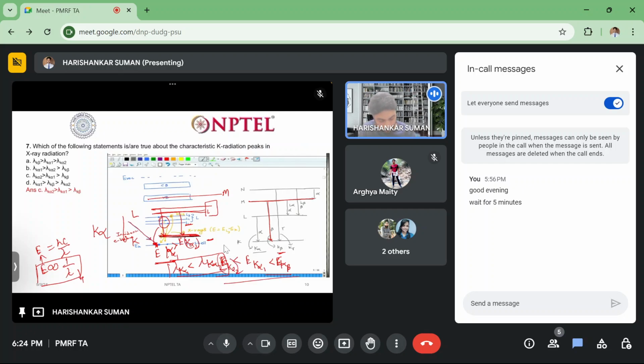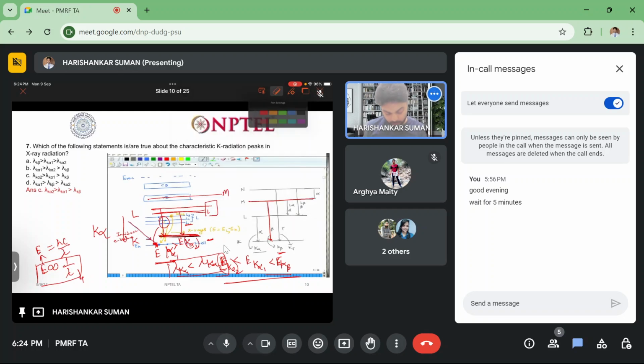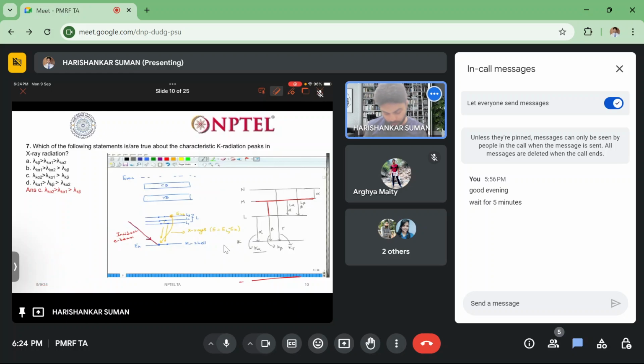So wavelength will be in the inverse order. Okay, so is this question clear to you? If anyone has a doubt, please ask. So option C is correct.